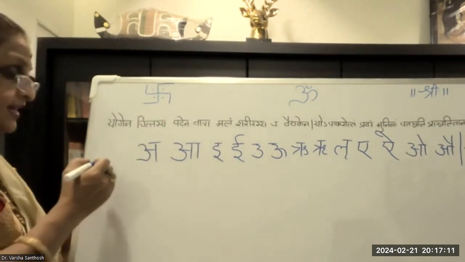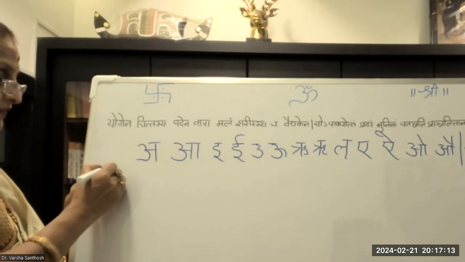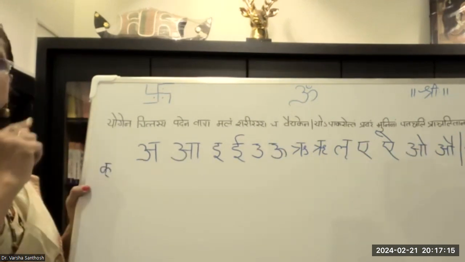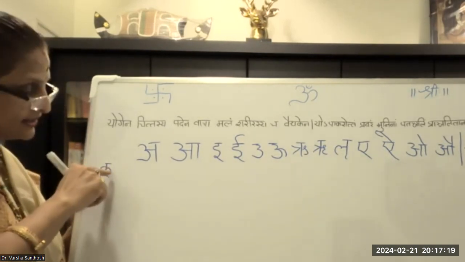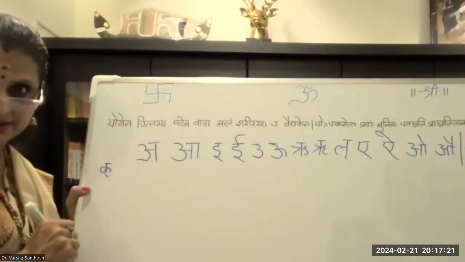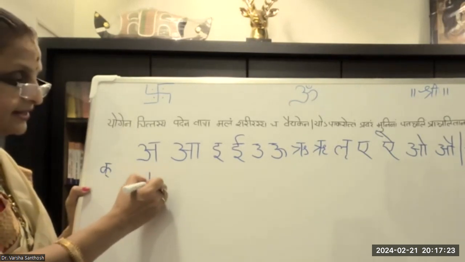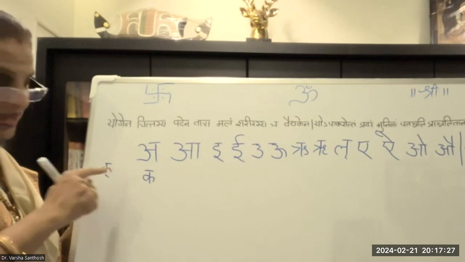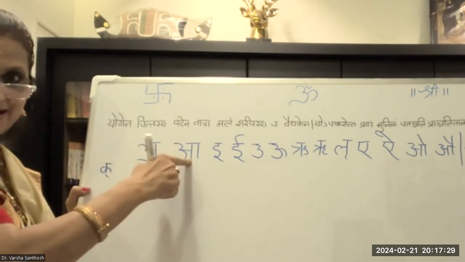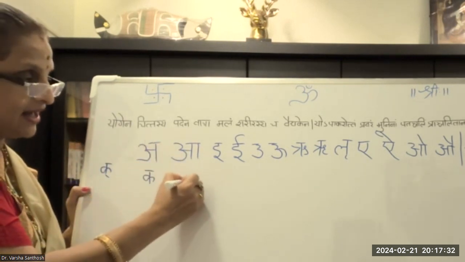Now, what I'm trying to tell you is this Vyanjana k is only existing, which we cannot chant. When this k we add with a, we get ka, the full ka. When this k we add with aa, we get kaa.